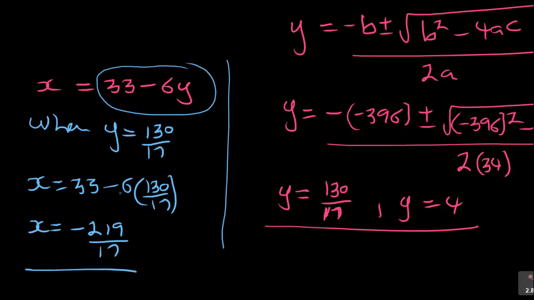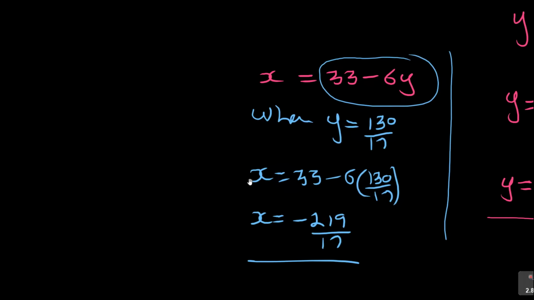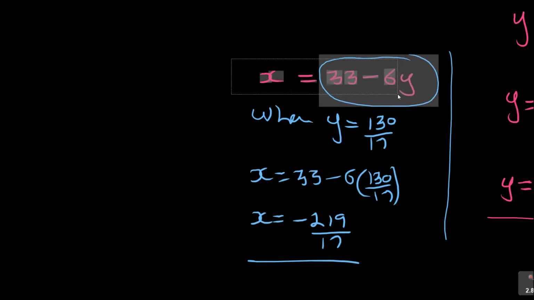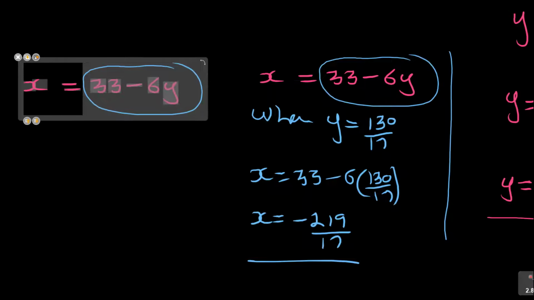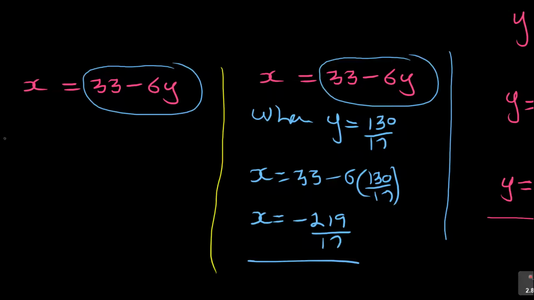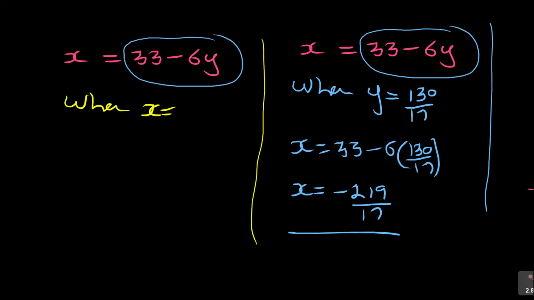The second one, I'll copy it again. Say for this one, what about when y is equal to 4. So what is it? x is equal to 33 minus 6, where there is y, you put 4.